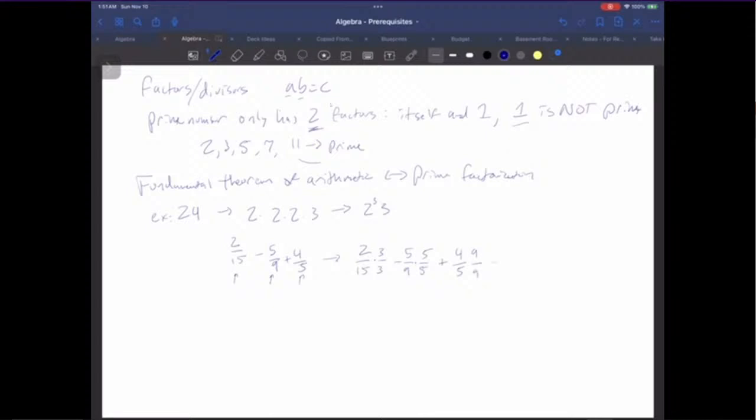So then I end up with 2 times 3, which is 6, divided by 45, minus 5 times 5, which is 25, divided by 45, plus 4 times 9, which is 36, divided by 45. 6 minus 25 plus 36 is going to be, these make 11, and then plus 6 is going to be 17.